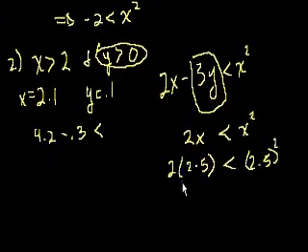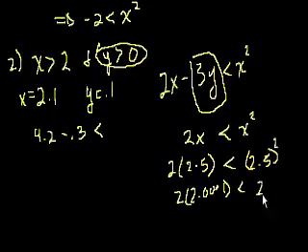So you're going to have 2 times a number, and that's always going to be less than that number times itself, which happens to be larger than 2. The smallest possible is 2 times 2.0001. You could make a lot of zeros there, but I think you get the point. That's still going to be less than 2.0001 squared, because you only have a 2 here instead of a 2.0001.